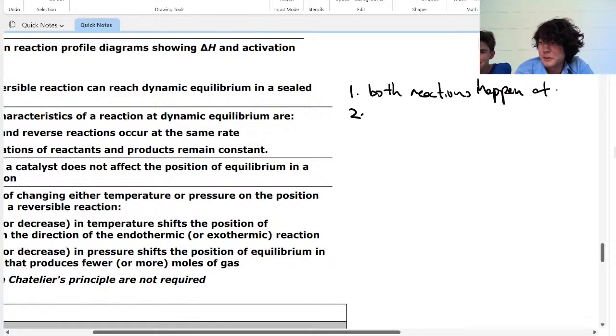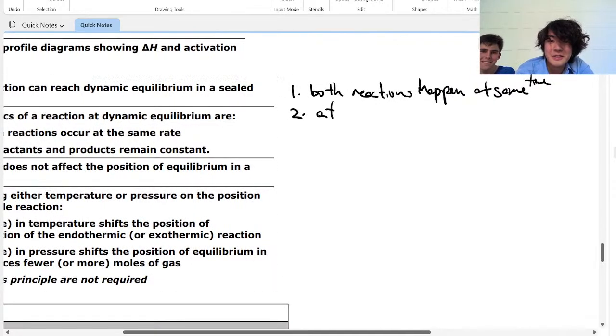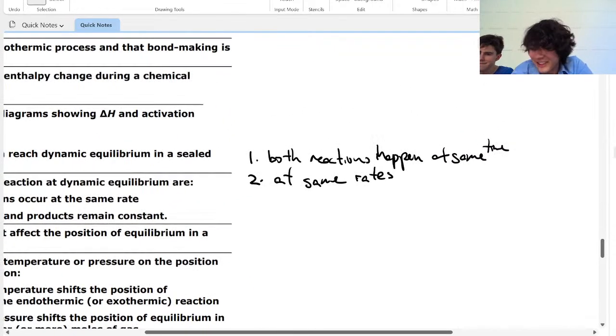Happen at same time, at same rates. Number 2, at same rates.